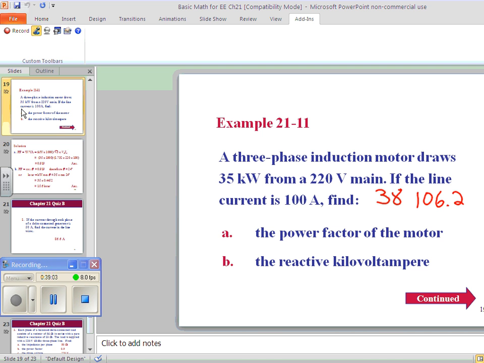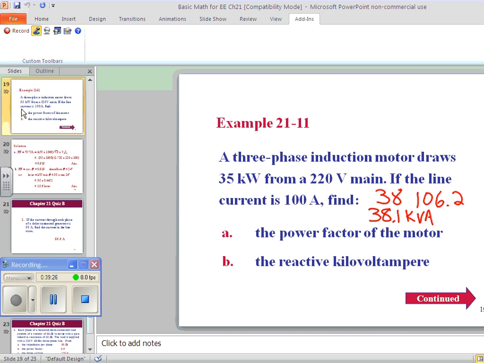Now, if we're going to turn that into proper engineering notation, we'll probably say that is 38.1 kVA, right? Yep. And what does it ask? What is the power factor?